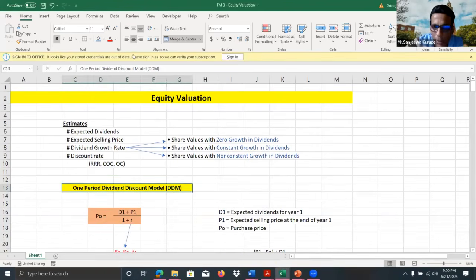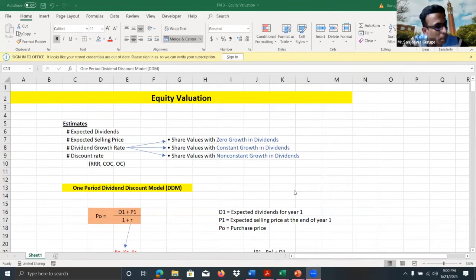But here, especially for the calculation of the cost of equity, there are different methods we can use, and you mentioned earlier one commonly used method, the CAPM, right?